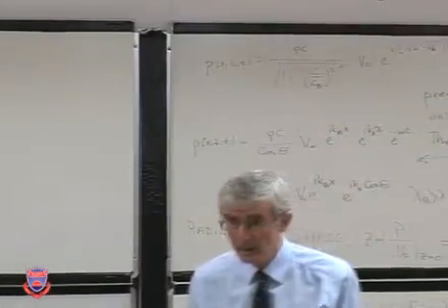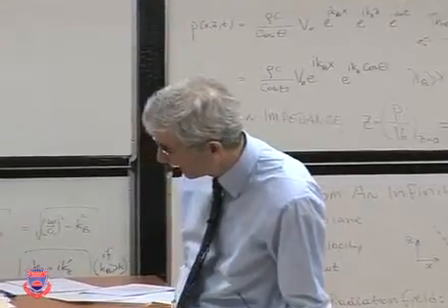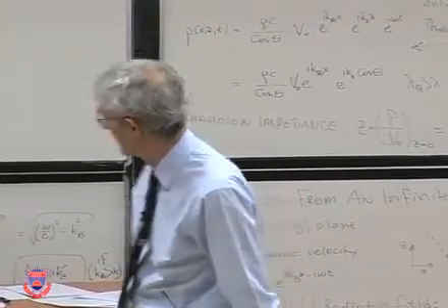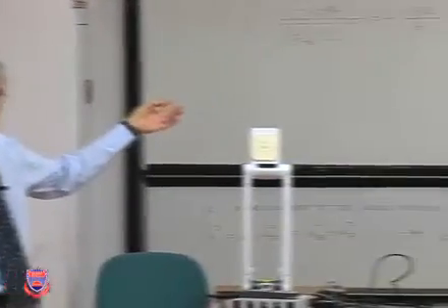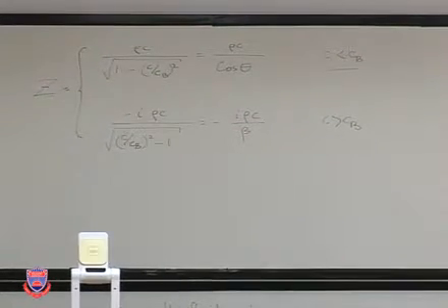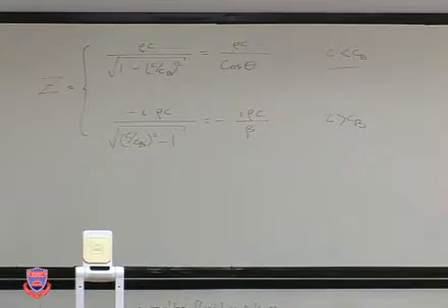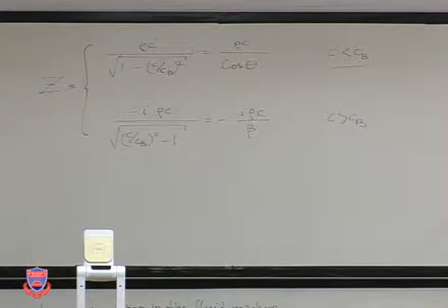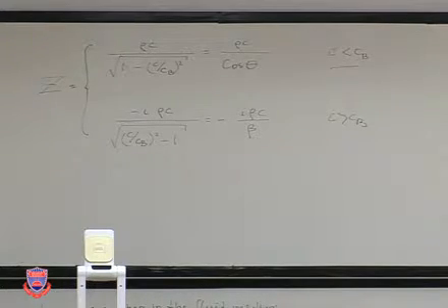Oblique incidence, okay. Basically, rho c is the specific acoustic impedance of a plane wave, okay? And you have seen that before. And it's modified by 1 over cosine theta. That's exactly it, 1 over cosine theta.